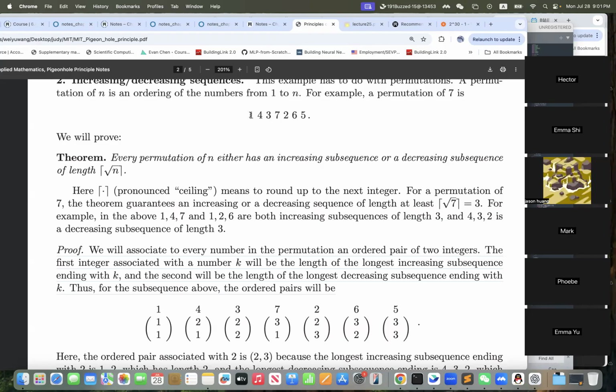So in order to be increasing, you can be 1, 3. Of course, you can also be 3 itself, which is a subsequence and is increasing. Do you agree on this?